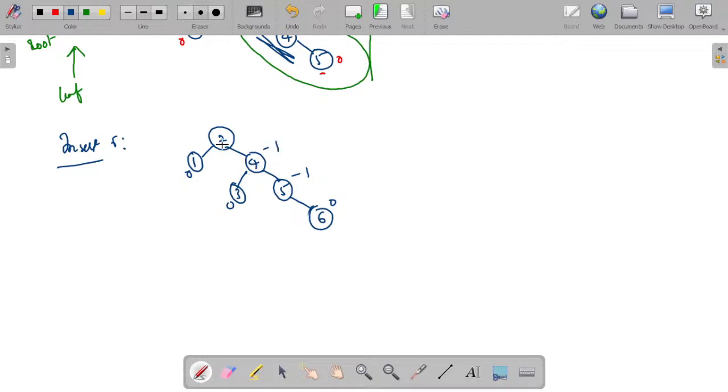And for 2 it is going to be 1 minus the deepest leaf node. The leaf nodes are 3 and 6, but the deepest leaf node is 6. The number of edges between 2 and 6 is 1, 2, 3, so here it is minus 2. So now if you see, the tree is imbalanced and the balance factor for this particular node is not within the range.